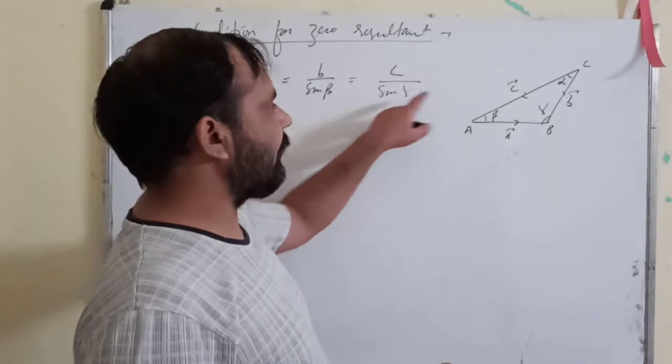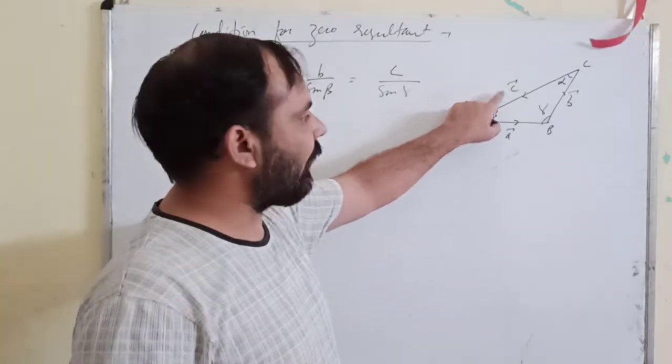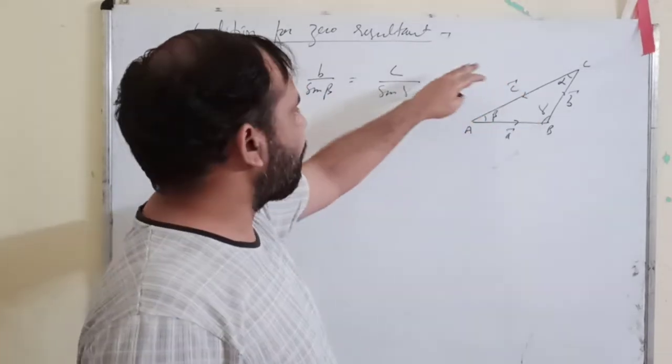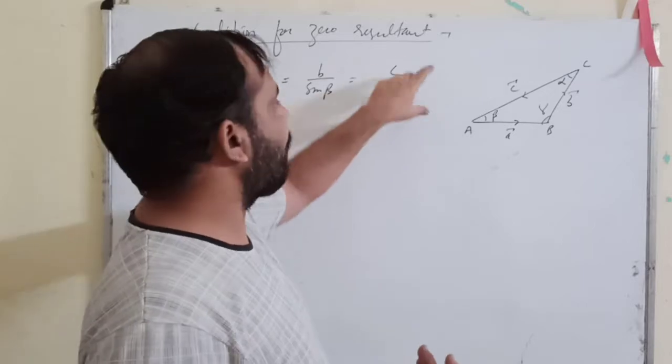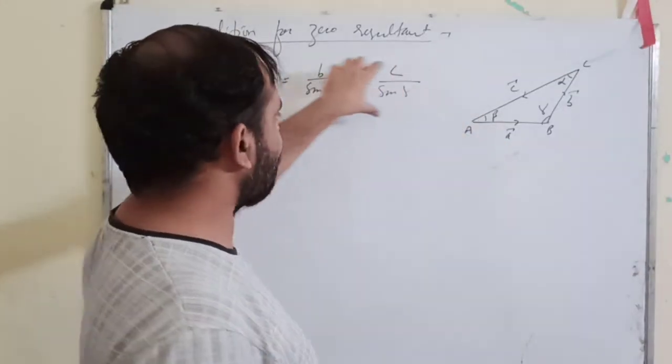What we have done is replaced this C by R and gamma by theta. So if you look at that result and write that equation for this particular condition, you can write it like this.